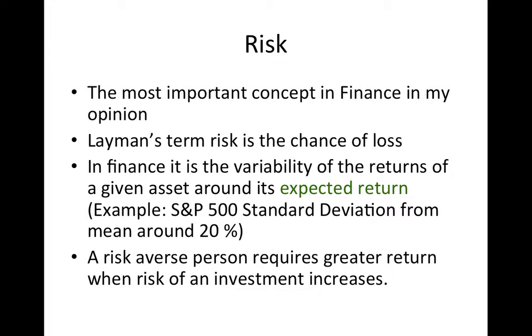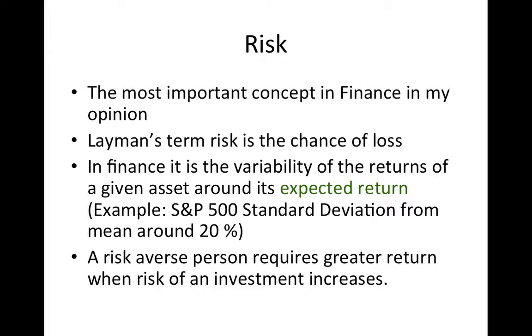But basically, expected return says that if you hold an S&P 500 ETF for a very long time, 10 years, more than 10 years, 15, 20 years, you're supposed to get 10% with 20% deviation. So the expected return is that 10% part, and 20% is the standard deviation around the 10% mean. And that 20% standard deviation is what academic finance tries to define as risk. So the risk is the variability of the returns of a given asset around its expected return.